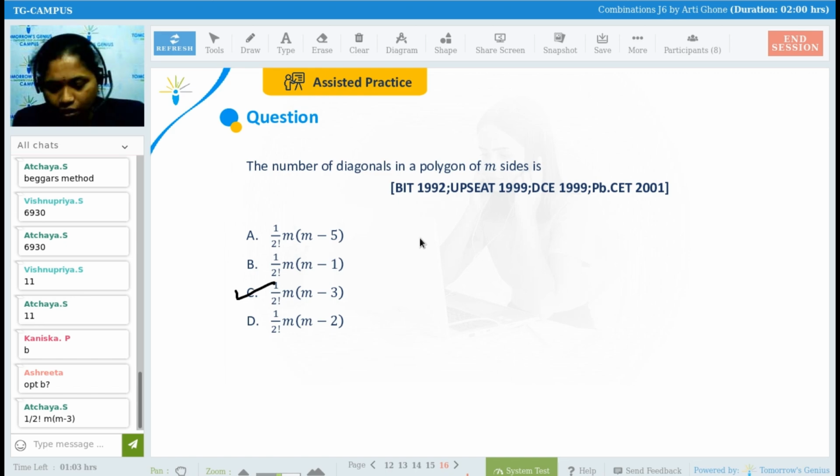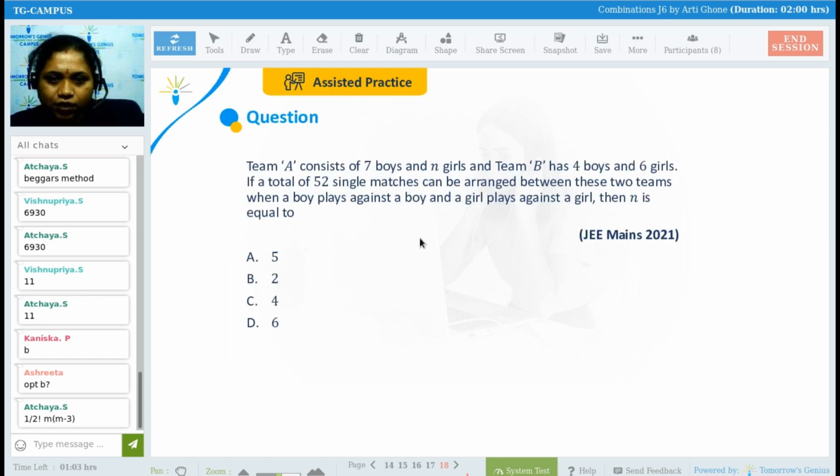Okay. Now, a team A consists of 7 boys and n girls. Team B consists of 4 boys and 6 girls. 52 single matches can be arranged between these two teams when a boy plays against a boy and a girl plays against a girl. Then n is equal to what?